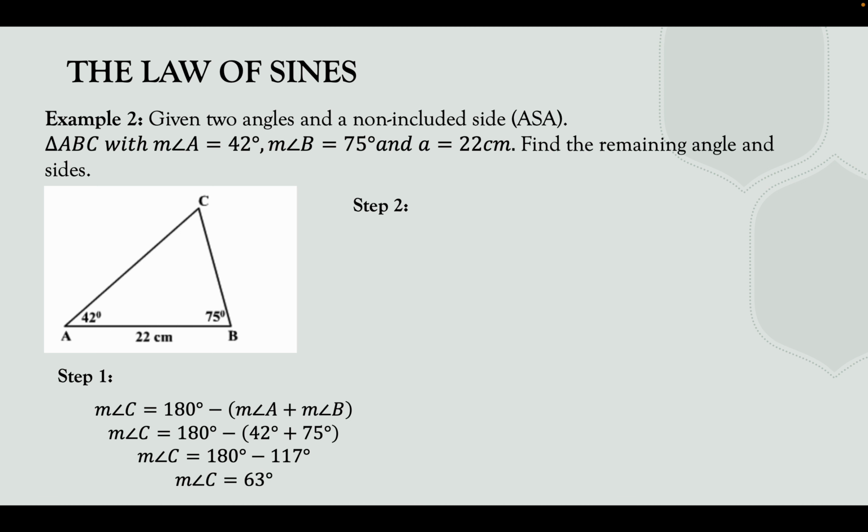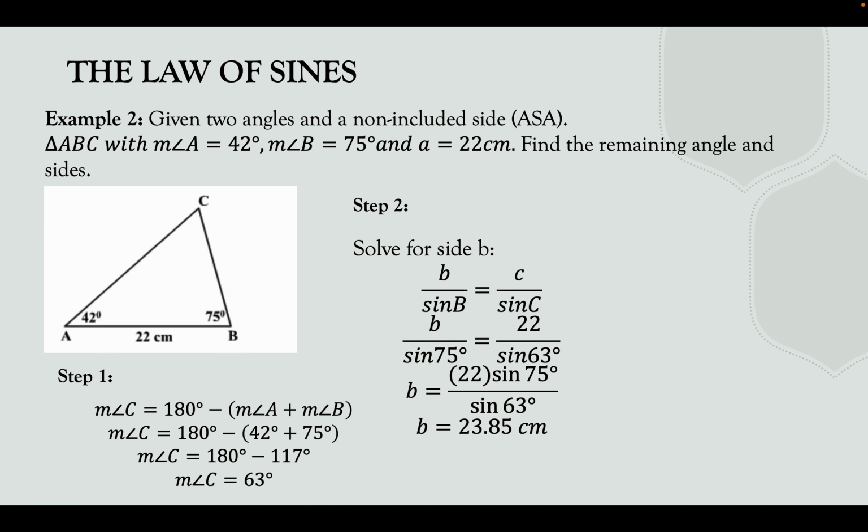Step number two, we need to find the two remaining sides using the law of sines. First, we will find side B. To find side B, we will use B over sine B equals, since side C and angle C are already given, we need to substitute that. So we have B over sine 75 equals 22 over sine 63.